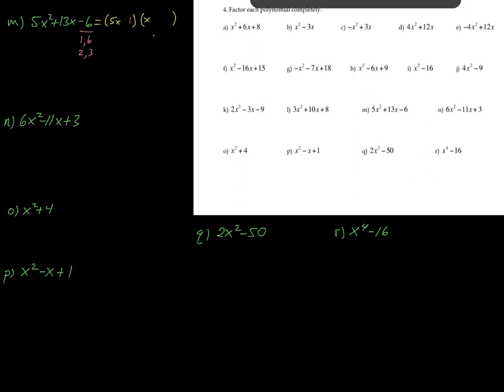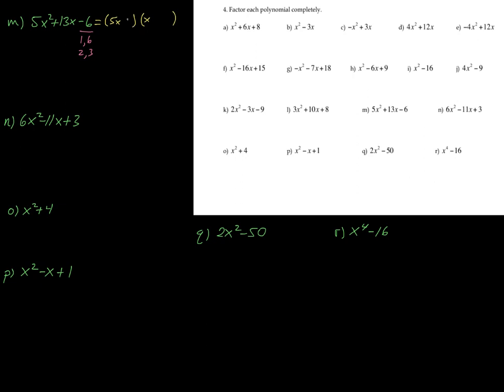Oh, sorry, I meant to write a 6 and a 1. Okay, we'll try that. This would be a 6 and a 5? Well, unfortunately, I can't get a 13 out of that, no matter how I assign positives and negatives, so we will scrap that. How about 2 and 3?